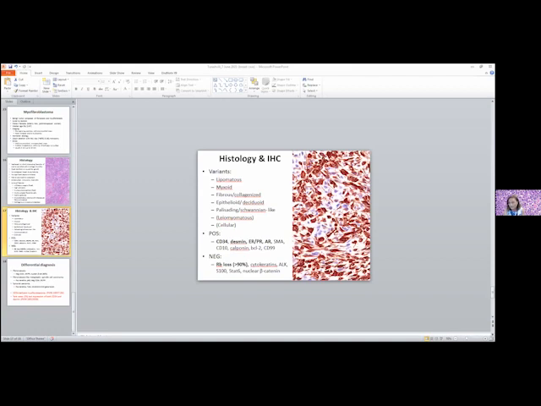When you read the WHO, they list 5 different variants of mammary myofibroblastoma, including lipomatous, myxoid, fibrous, epithelioid, and palisading. However, there are some other variants such as leiomyomatous or cellular.